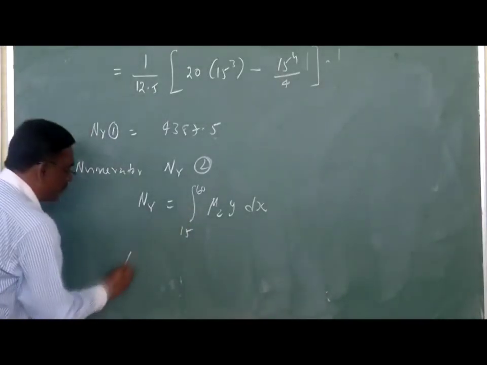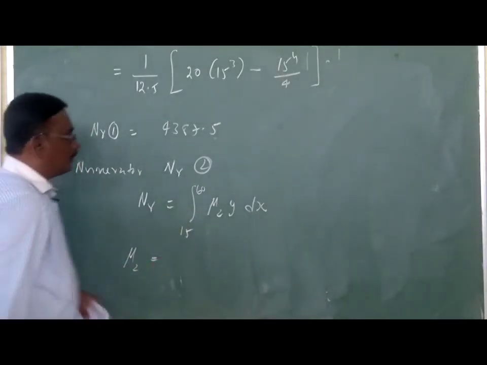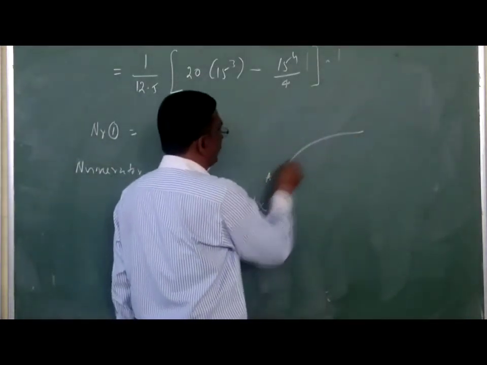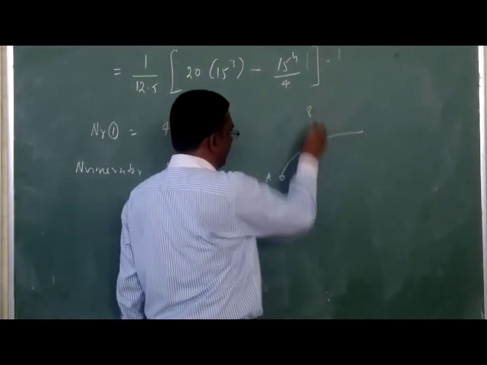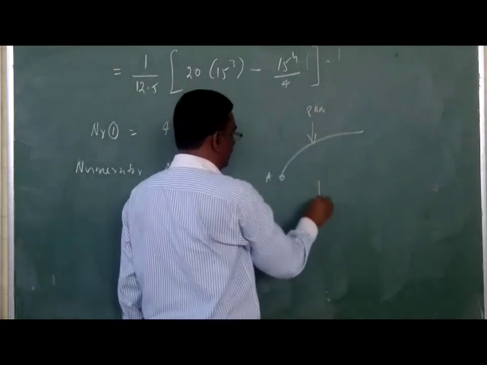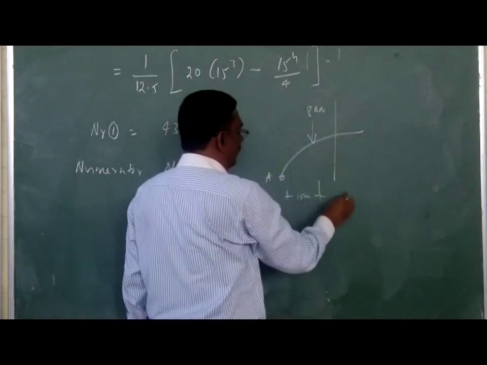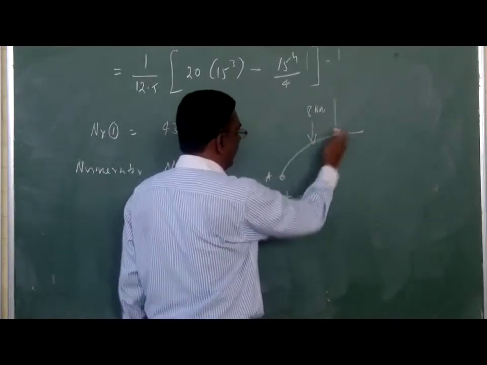Now, the value of mu2. This is the arch, left side support A, load is applied here, 8 kilonewton, at a distance of 15 meters. So we have to find the moment at this section, after the load.